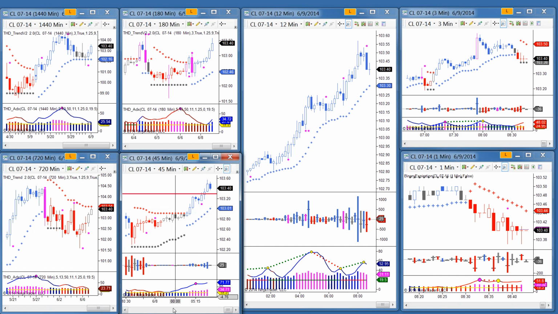NinjaTrader does not update it intra-bar, but I know if it touches this line, I'm going to have a magenta peak, and that means it's going to come down another about 30 cents down to 103.04. This is going to pull up a little bit, so you better calculate 103.10. That tells me I'm only going to get approximately one clipper level.